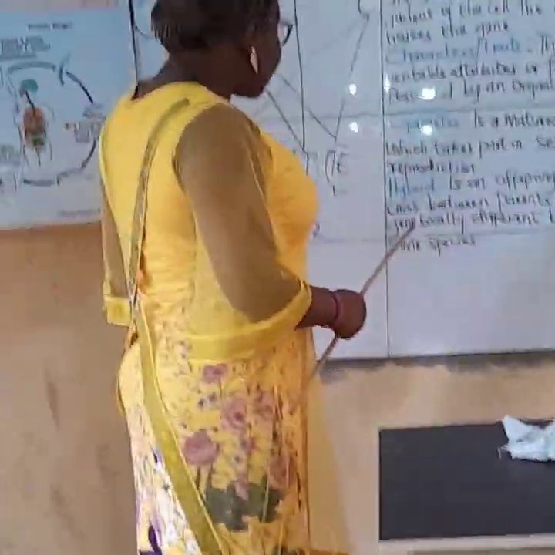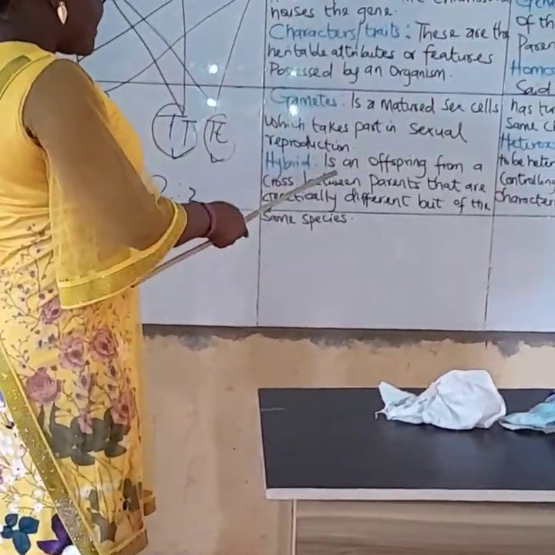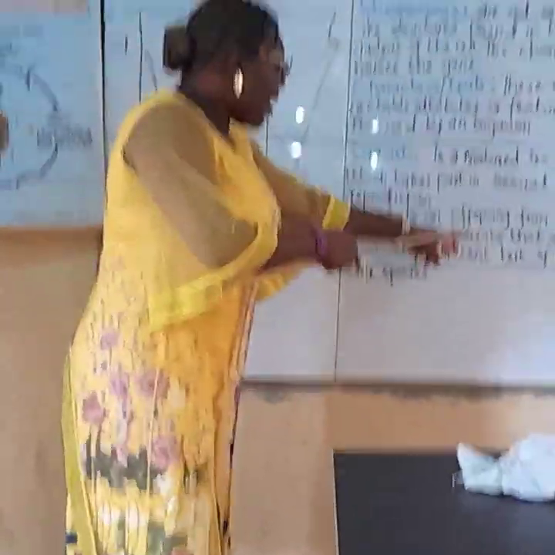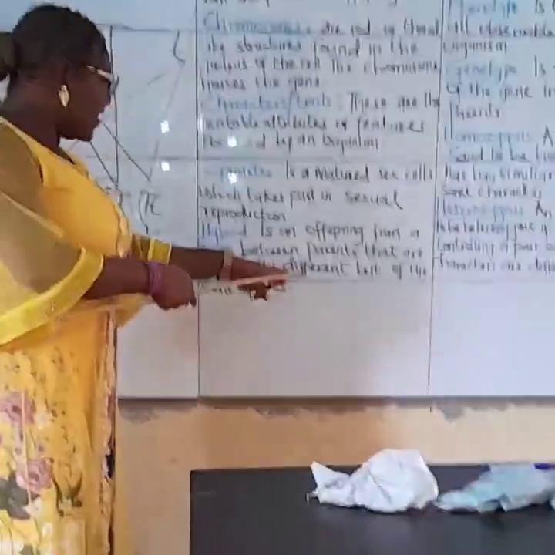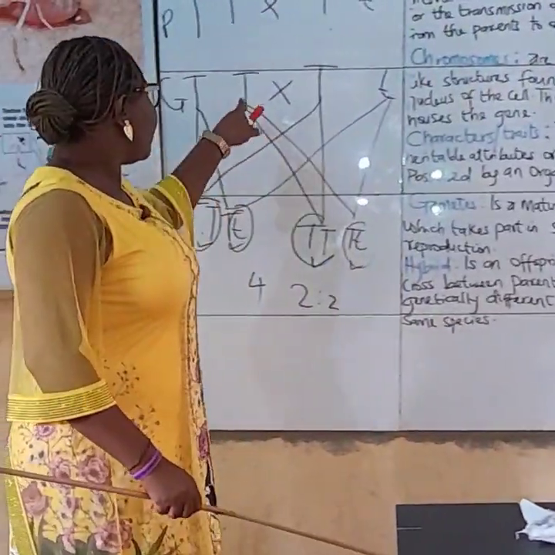So now I want to talk about hybrid. Hybrid is an offspring from a cross between parents that are genetically different but of the same species. You see the same thing.